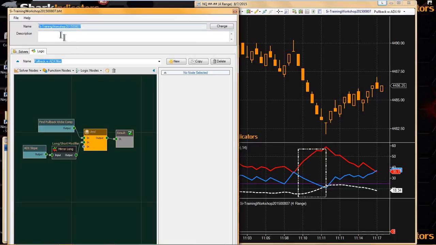Inside the BloodHound template, you can have multiple logic templates, right? So you can have templates within the bigger template. Consider the BloodHound template the container that contains all of these logic templates. Just a little clarification there.